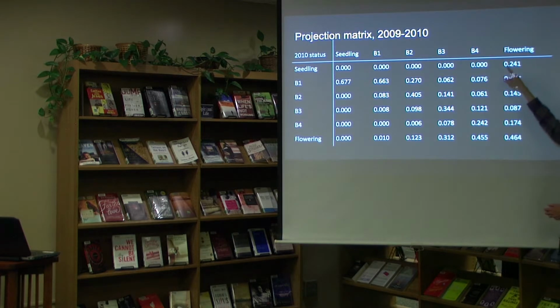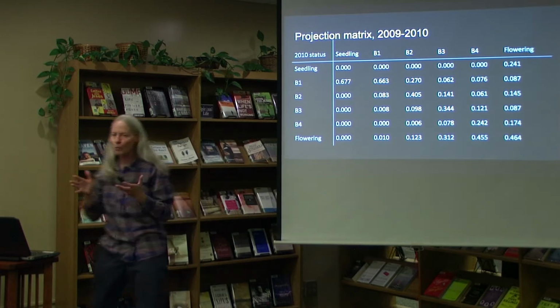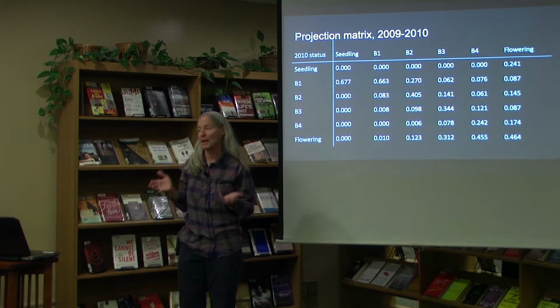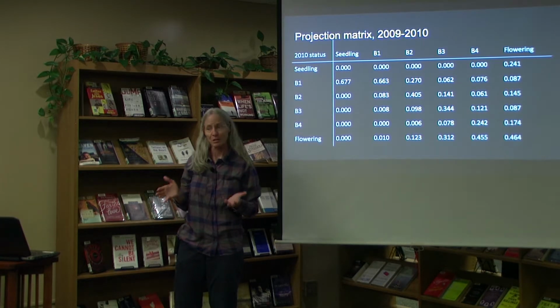And this number up here shows you the proportion per flowering plant of new seedlings in the next year. So for every 4 flowering plants, we found about 1 new seedling come up. Not very many. Now, the whole purpose of doing this is to do some matrix math on it. You can ask R to do some matrix math for you.